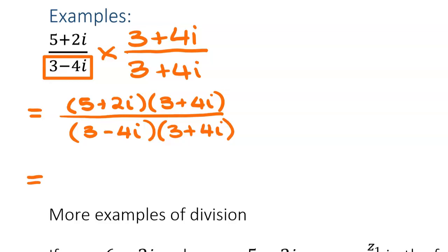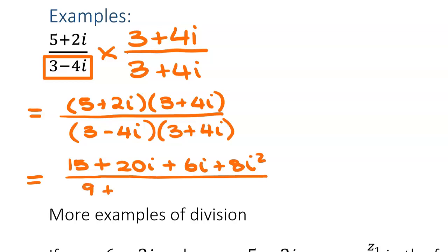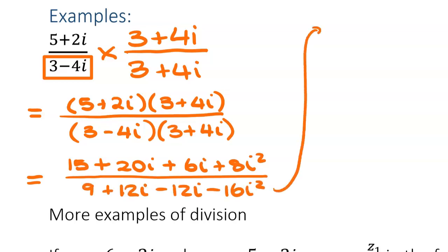Now let's go ahead and expand everything. Got to be really careful when you're doing these complex number examples that you keep an eye out for when you've got those i squared terms. Because remember, i squared is equal to -1.